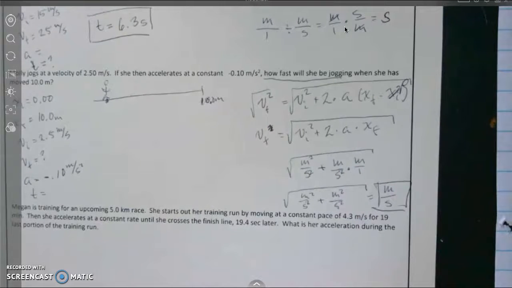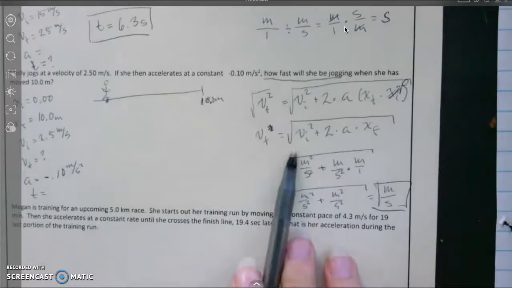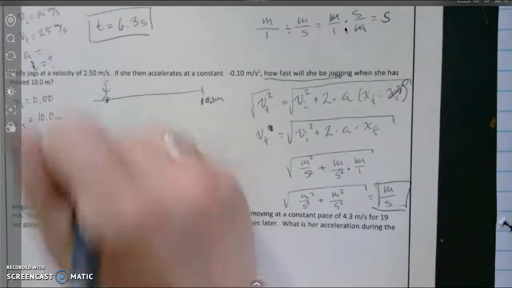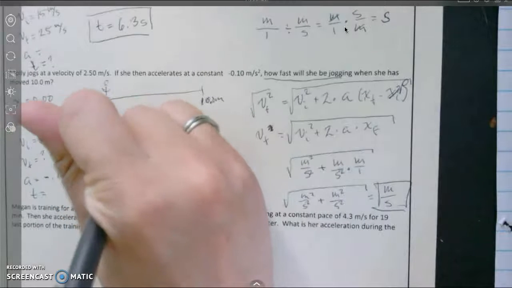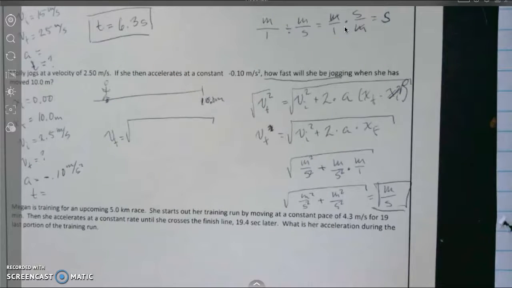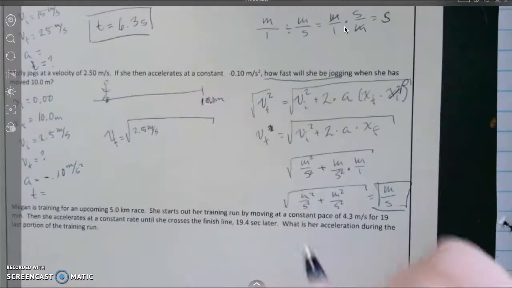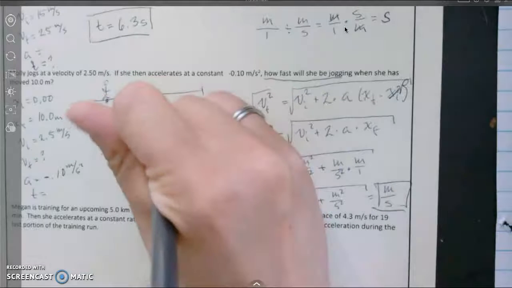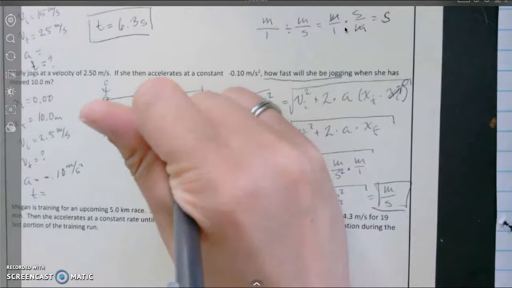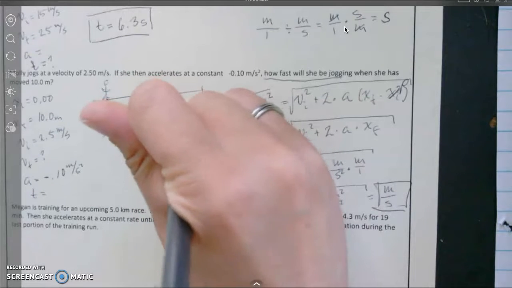So the last step that I need from you guys is just going in and plugging in those numbers. Running it in your calculator, where velocity initial is 2.5, and that's going to be squared plus 2 times your negative acceleration there.